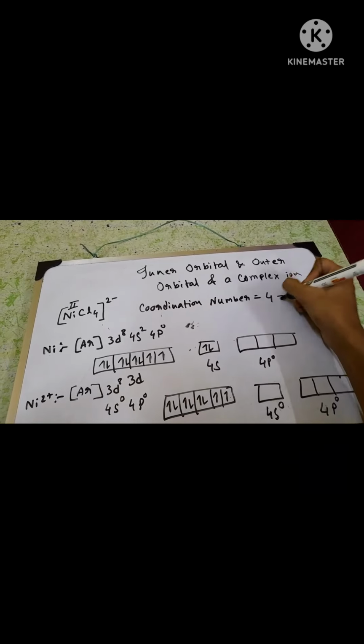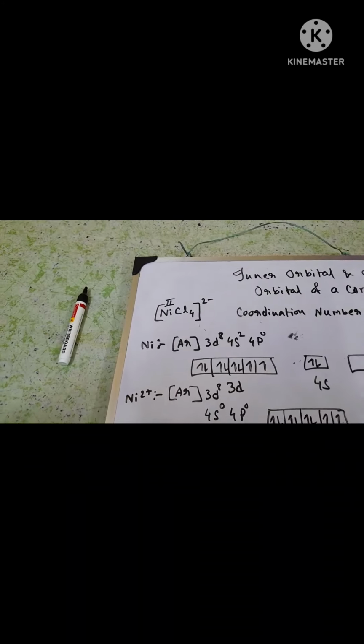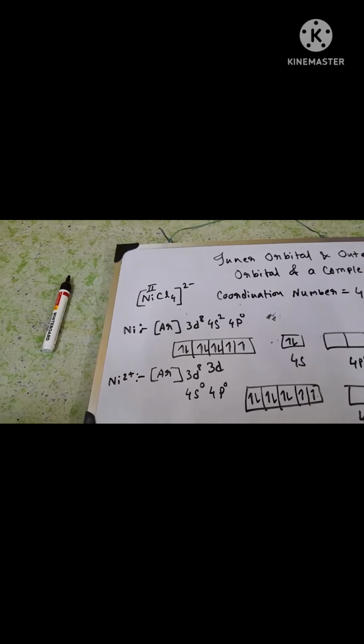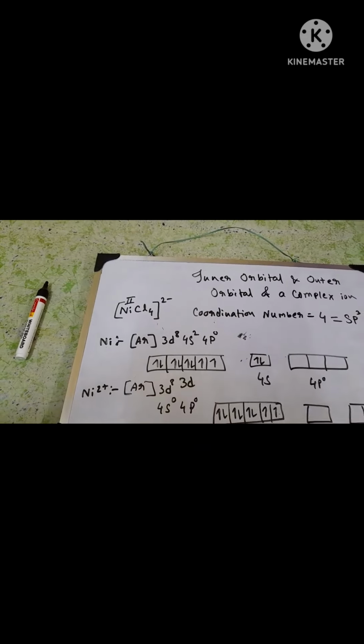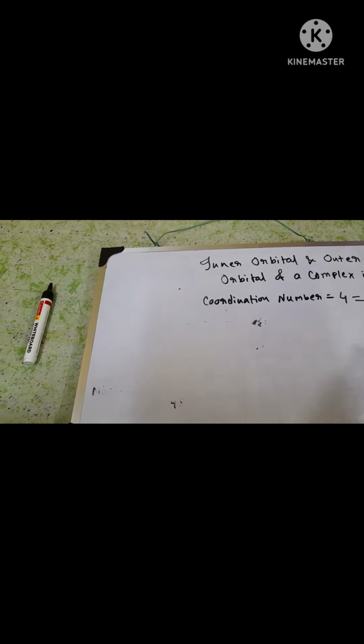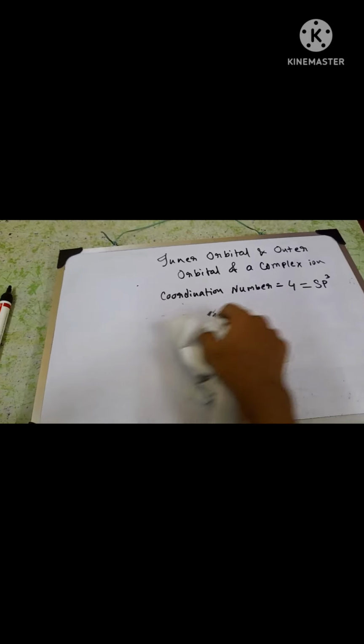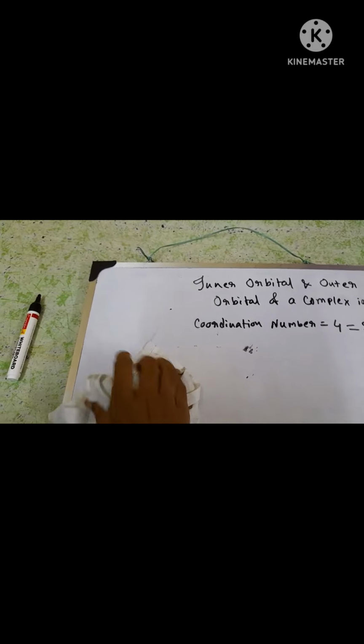Okay, now another example I've taken, which belongs to the outer orbital complex, not inner. This is the last example through which you will be able to solve this type of question.